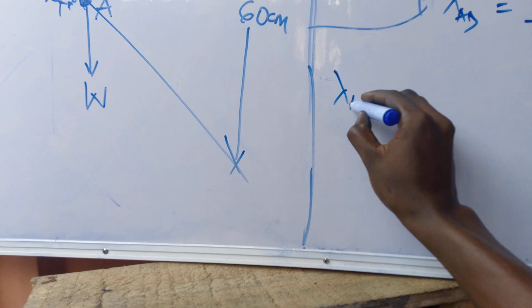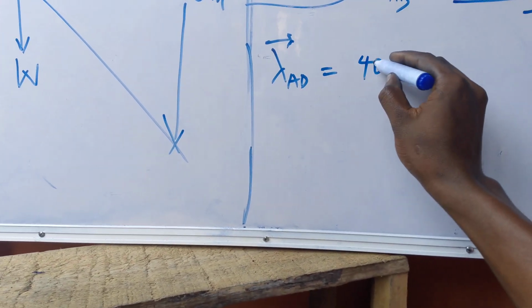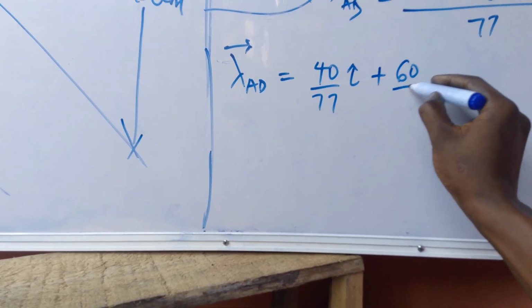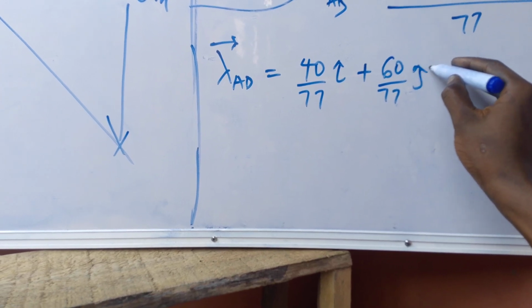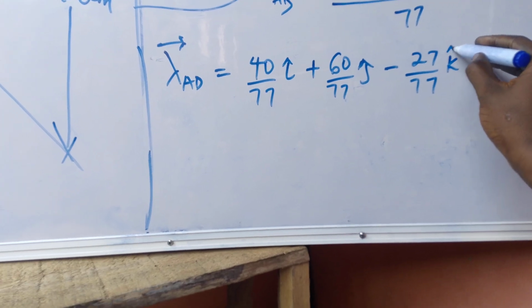So lambda AD is equal to 40 divided by 77i plus 60 divided by 77j minus 27 divided by 77k.